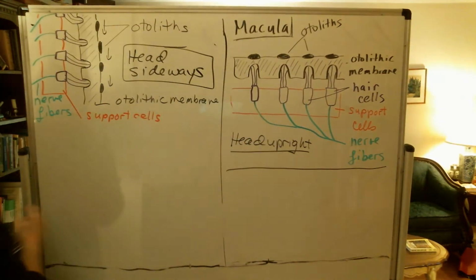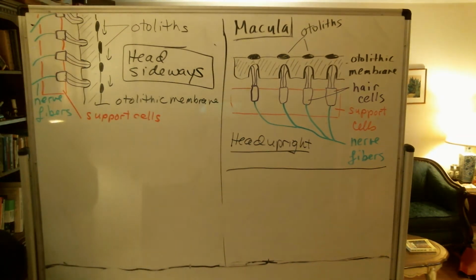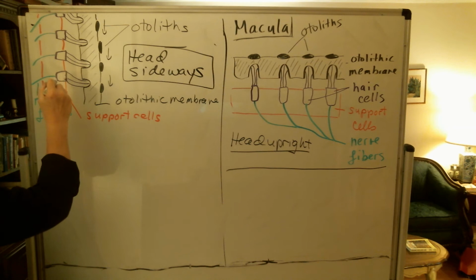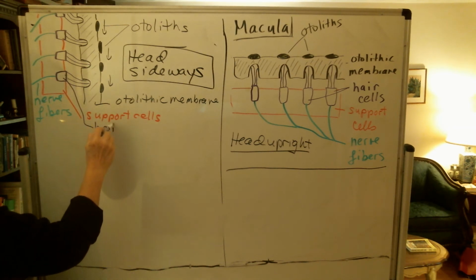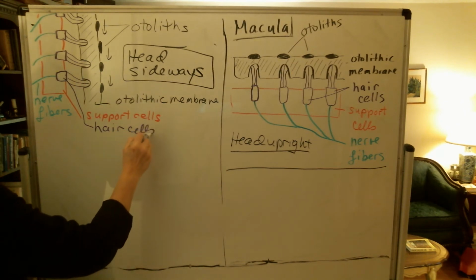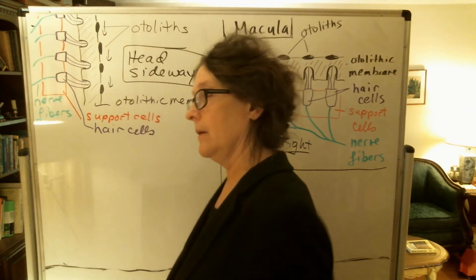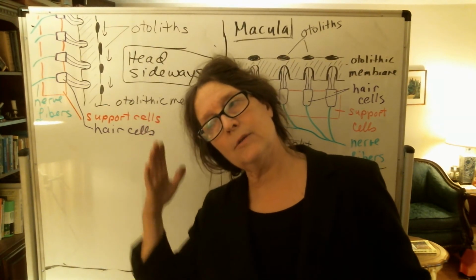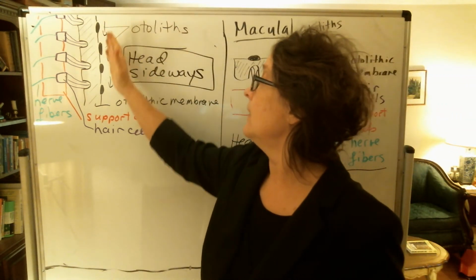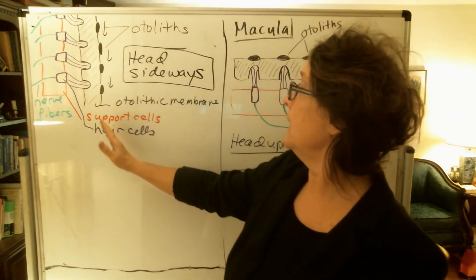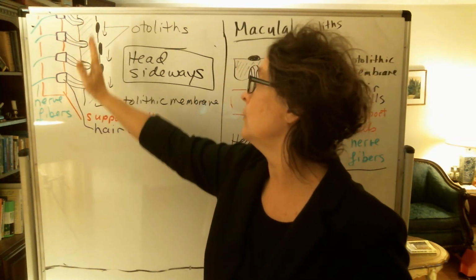And hang on, I need to label that, don't I? These, as before, then are your hair cells. There we go. But the point is that as you have your head sideways and the otoliths are going down towards gravity, then that is going to pull this down and pull the hair cells down with them.